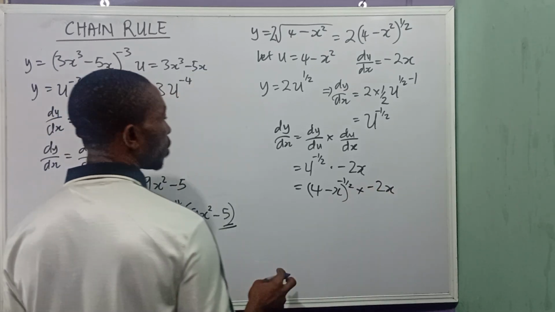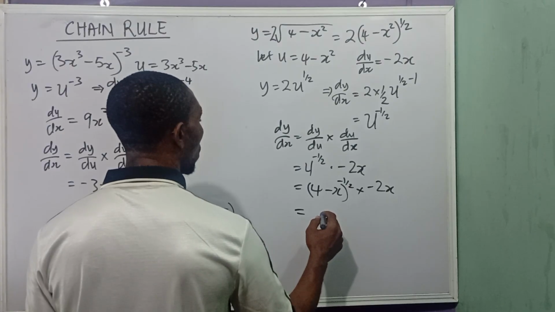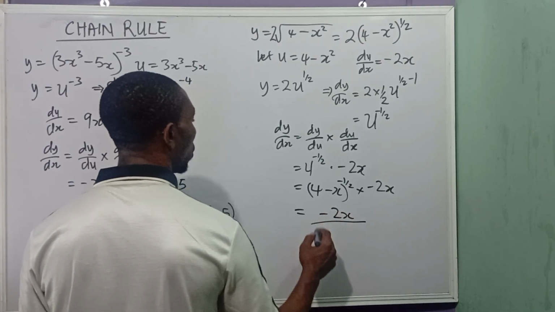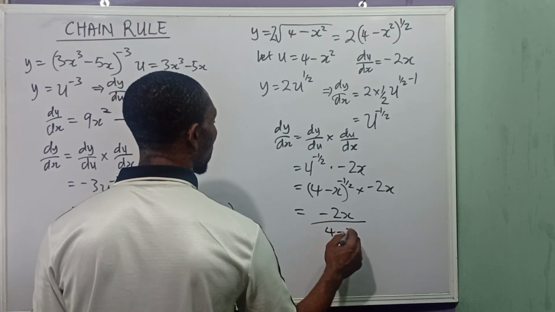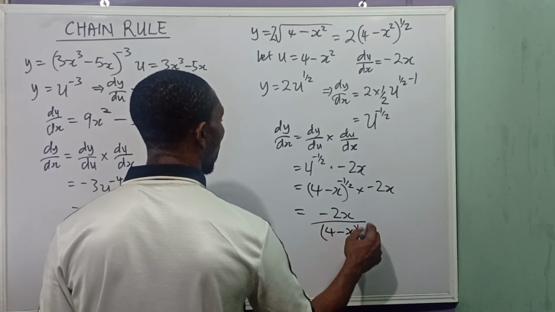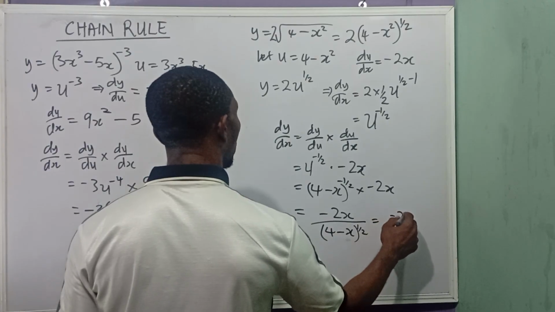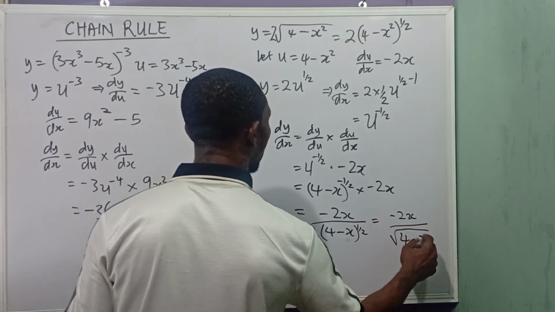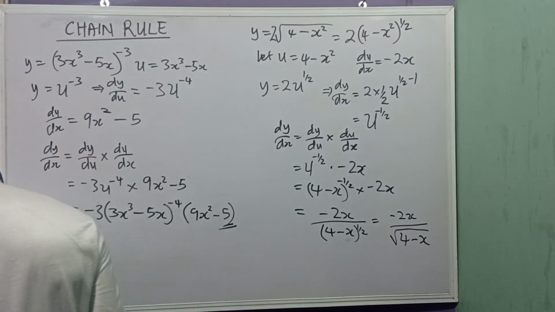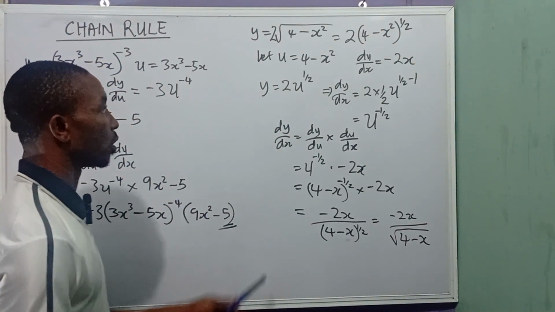Since we have a negative index, we can write this as minus 2x all over (4 minus x squared) raised to power half, or we write it as minus 2x all over root 4 minus x squared. So with that, we've differentiated our questions.